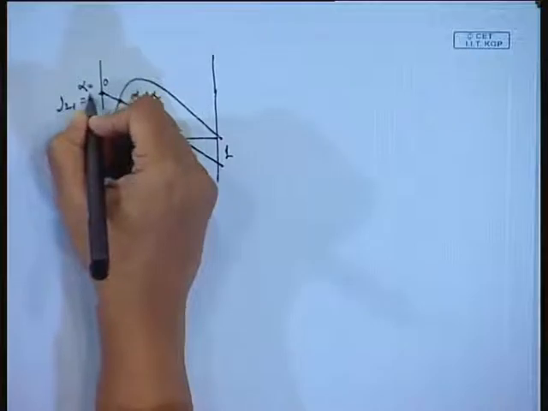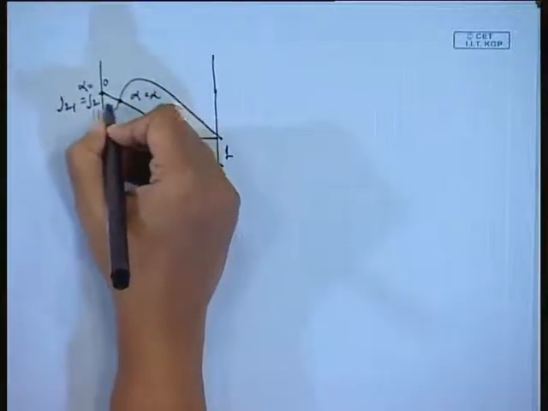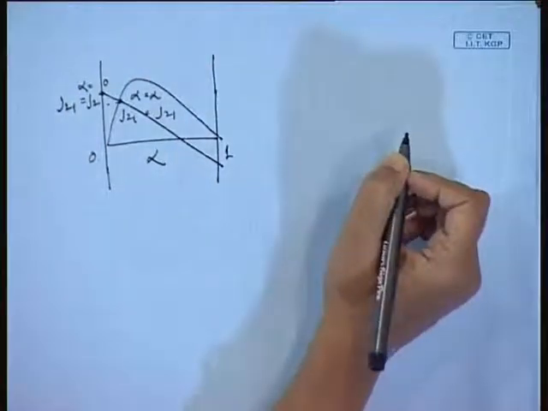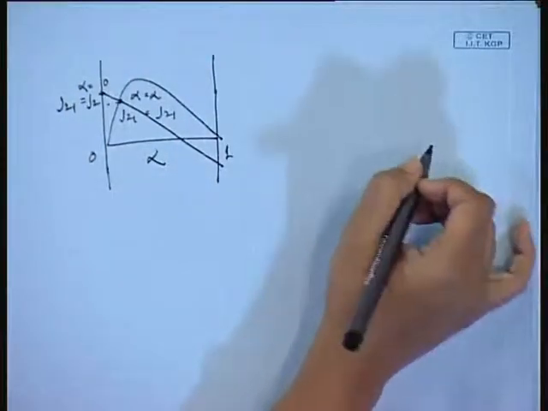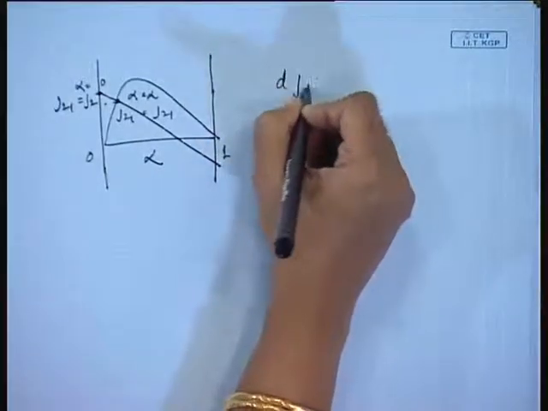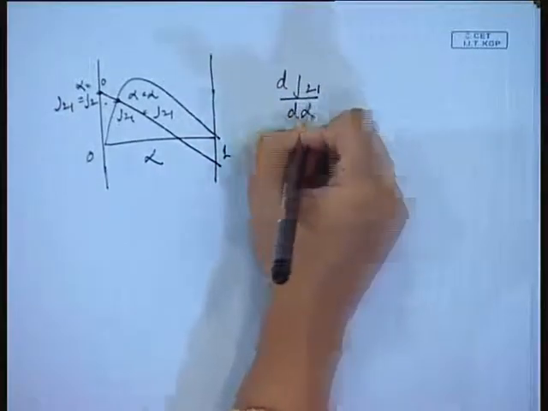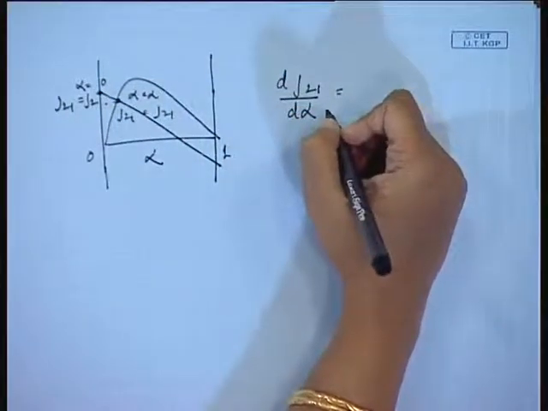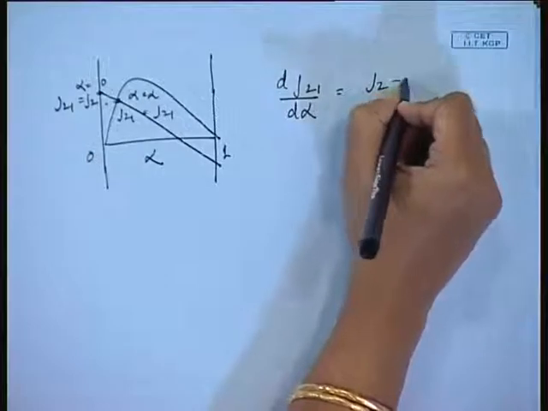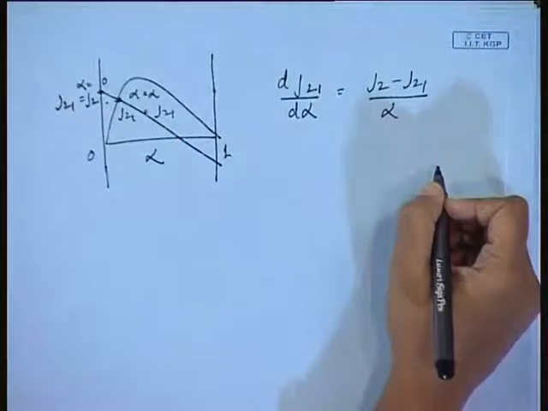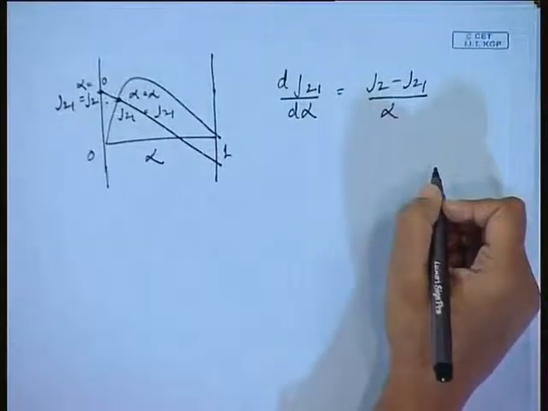Here J21 equals J2, and here we have J21 equals J21, correct? Now, what is the slope of this line? The slope dJ21 by d alpha at this particular point is nothing but J2 minus J21 by alpha minus 0, correct?